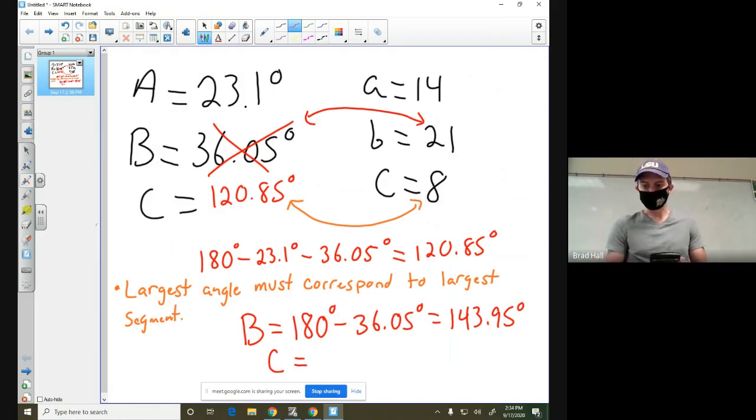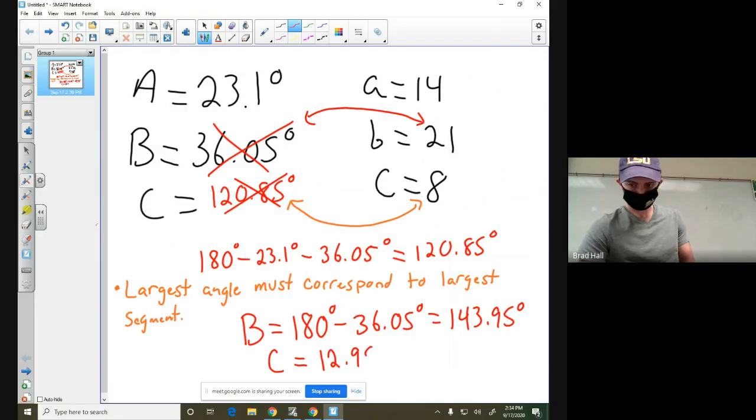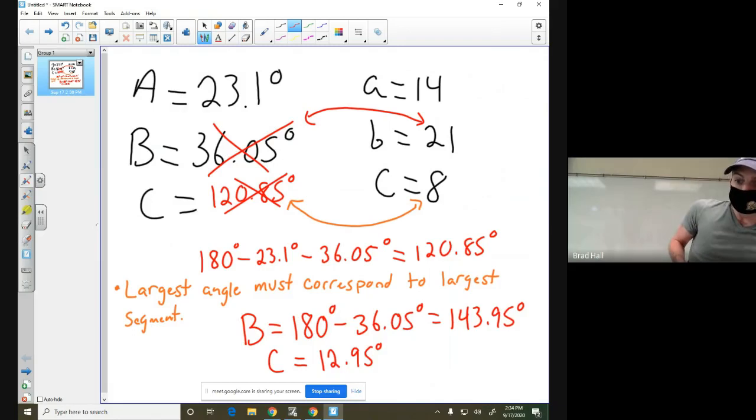And then from here, we can determine C. So normally, in general, I do suggest that you solve for the smallest segment first.